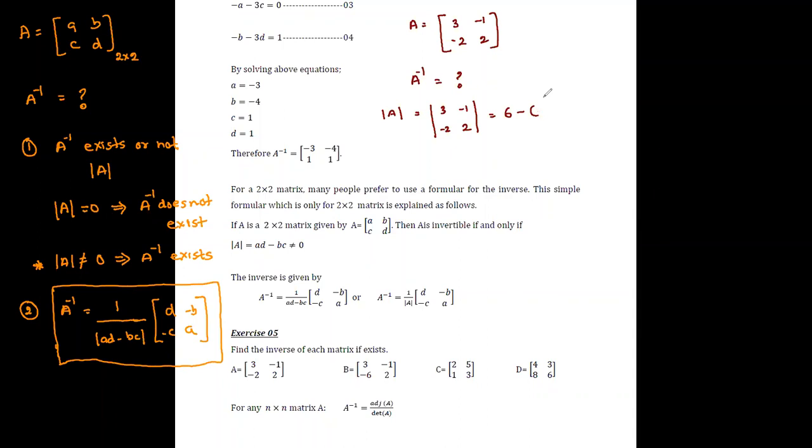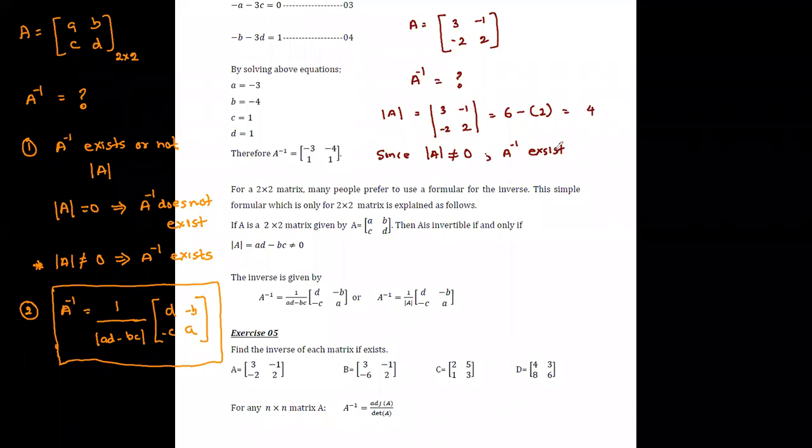Minus 1 times -2 gives plus 2, so this equals 4. Since the determinant of A does not equal 0, we can say that A inverse exists.